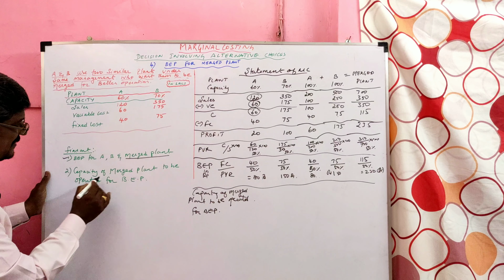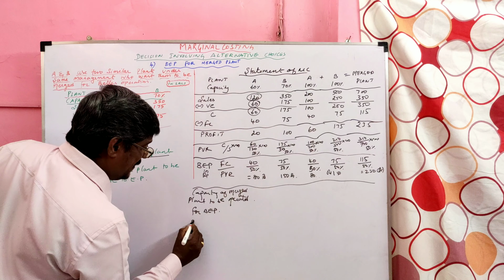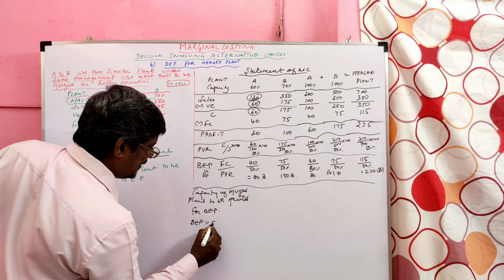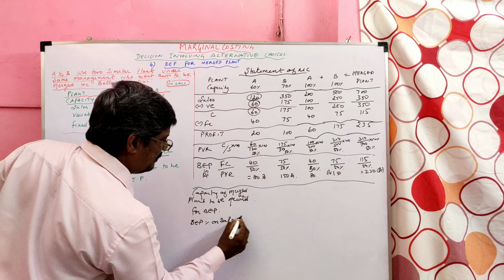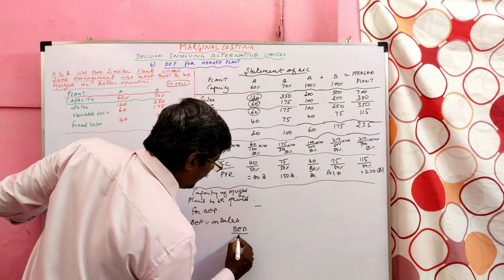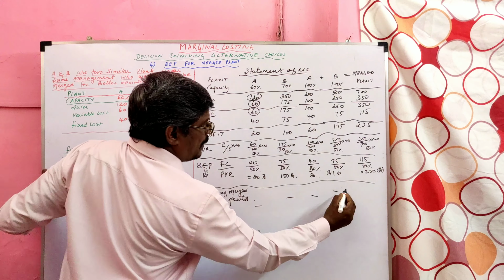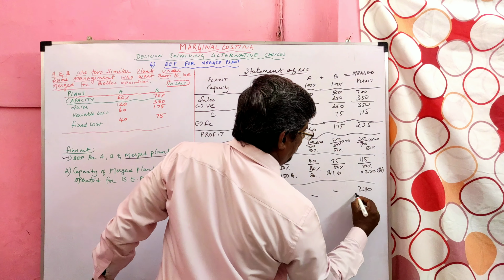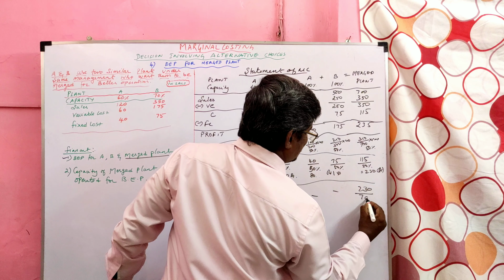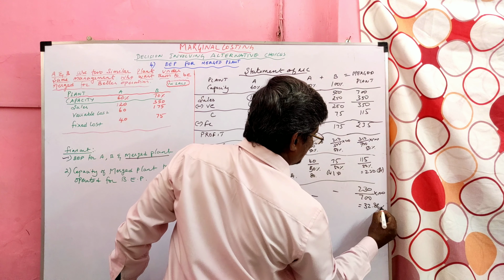Look at the question: capacity of the merged plant to be operated for BEP. It is nothing but BEP percentage on sales. What is the formula? BEP divided by sales into 100. BEP how much? 230. Sales how much? 700 into 100. So our answer is 32.86%.